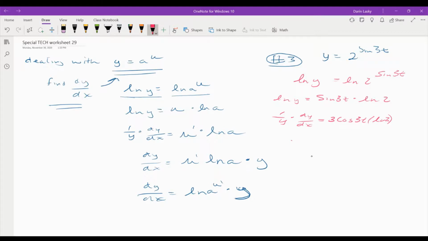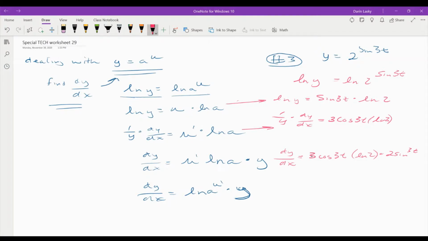Now, I've got to clean this up like we did on this other side. So now I am right here. This step matches that one. This step matches that one. So now I need to move this around, and I can get dy dx equals 3 cosine of 3t times the natural log of 2 times 2 to the sine of 3t.